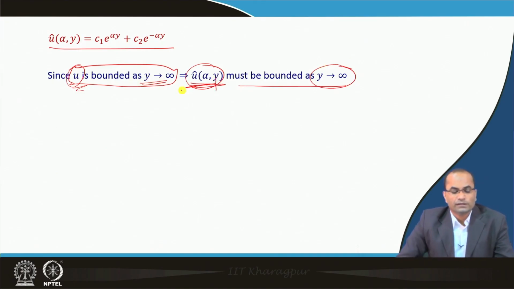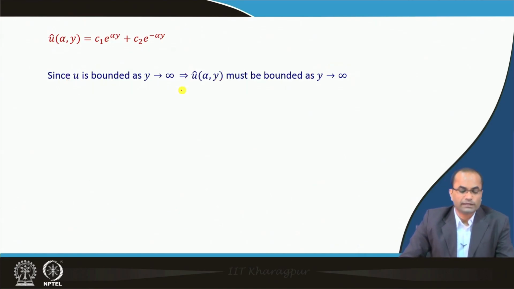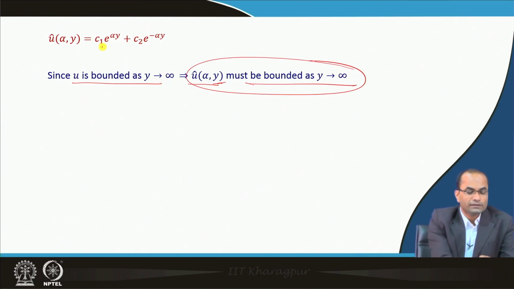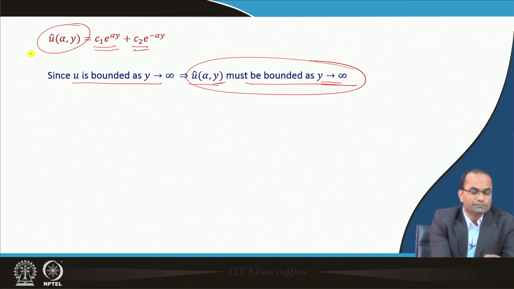We have taken the Fourier transform with respect to x. So, if u is bounded, u hat must also be bounded.